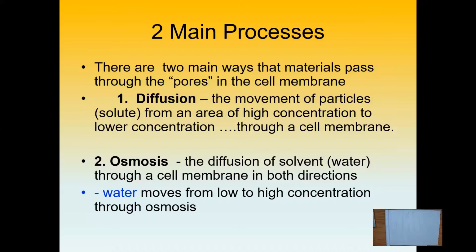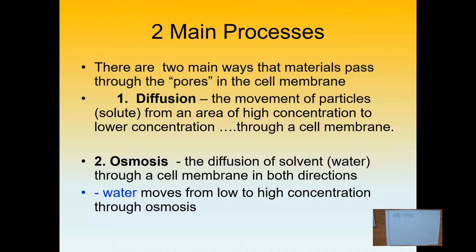But solutes will move from their high concentration to low concentration through diffusion. So they're kind of opposite there. Now, the main idea is that nature wants to reach equilibrium. It wants to equalize concentration.